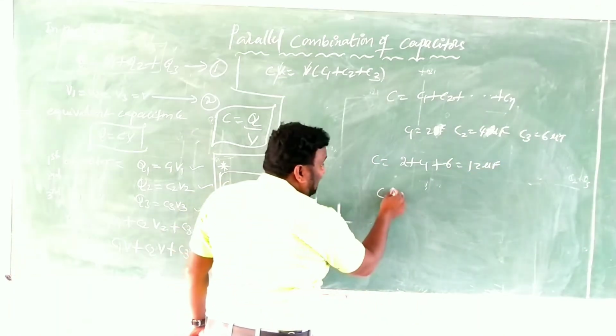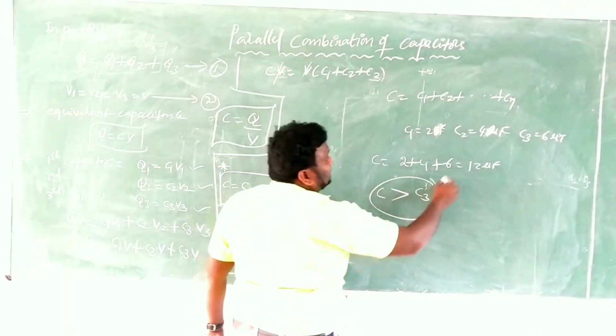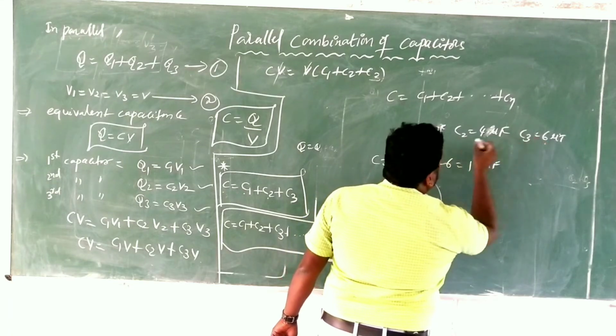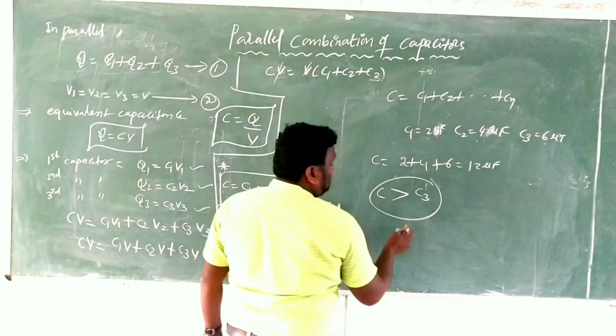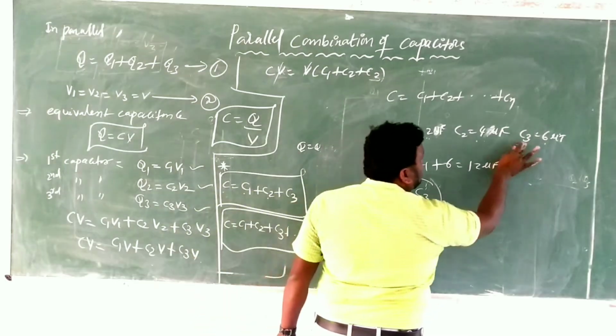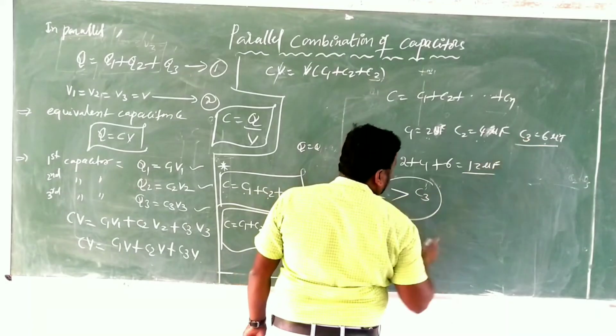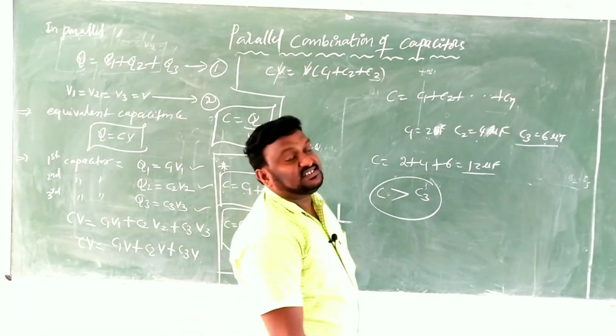So here the C value is greater than C3, because among 2, 4, 6, C is greater. C3 is 6 and C is 12. 12 is always greater than 6. That's why here C is greater than C3.